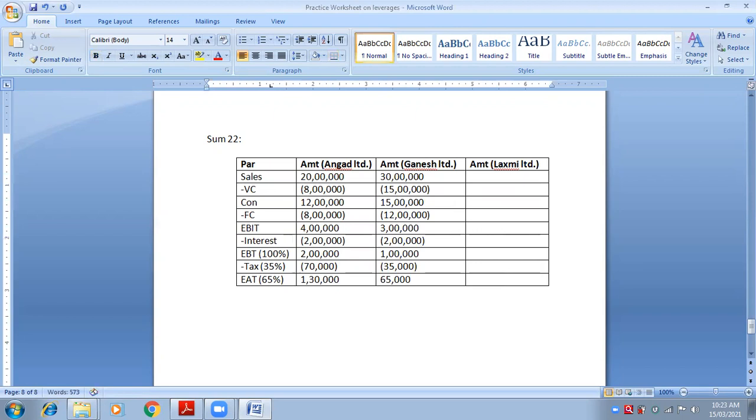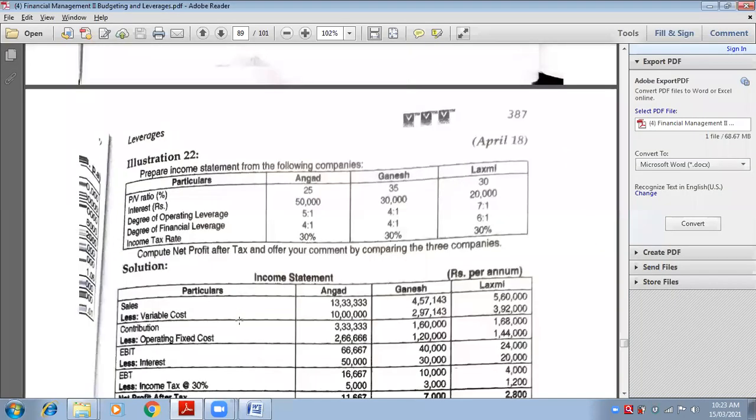Now, let us start with DFL. DFL is equals to, what is the formula of DFL? EBIT divided by EBT. Yes, but I think we can split EBT into 2 parts, EBIT minus interest, because interest is given.